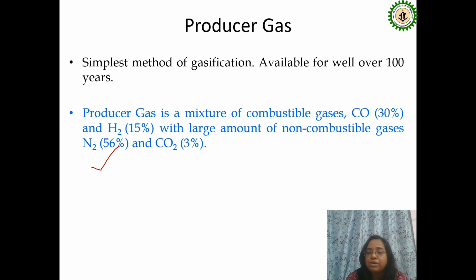Another gas we have discussed is water gas. If we see the composition of producer gas and water gas, in producer gas four components are there: carbon monoxide, hydrogen, nitrogen, carbon dioxide. Similarly, in water gas these four gases are mainly present. But what is the difference between producer gas and water gas? The main difference is in their composition, that means the percentage of these four gases. In the case of water gas, the presence of nitrogen is comparatively lower.